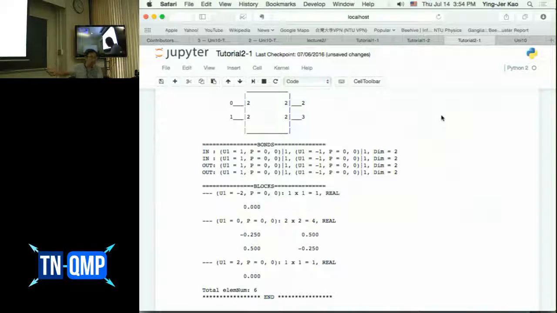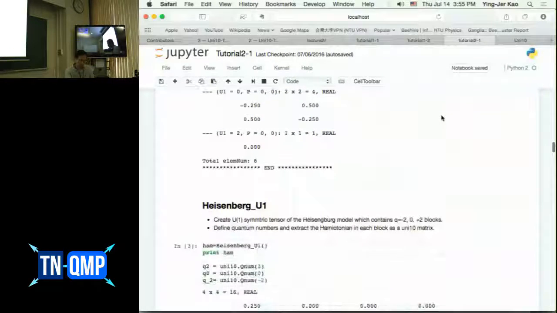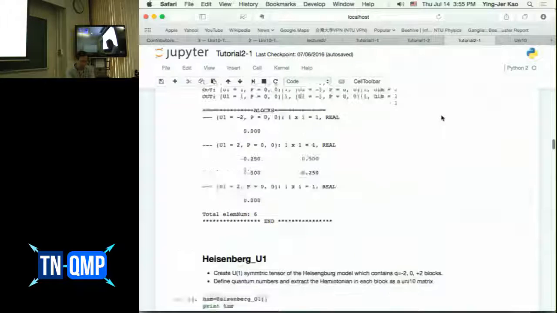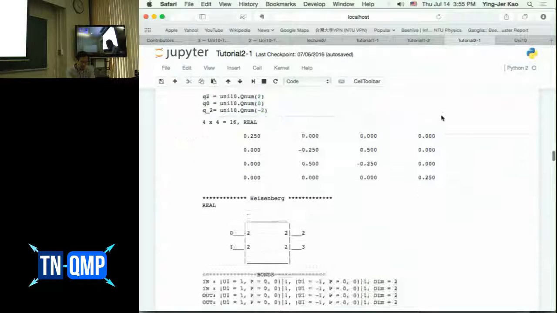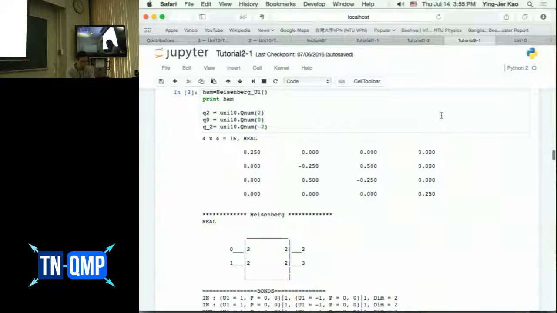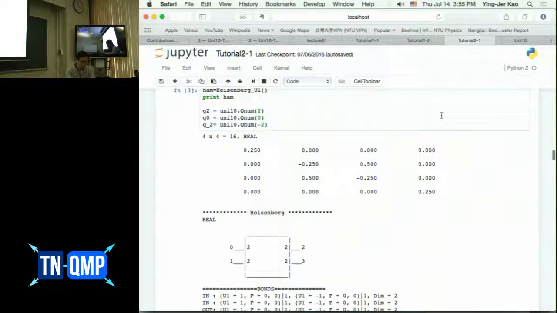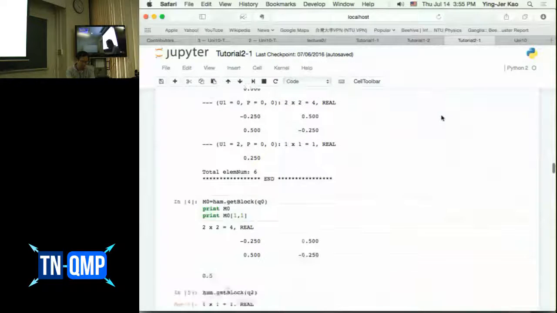I have a block which is 0, 0, then a spin 0 block, a spin 2 block, and a spin 1 block. So this is my U1 Hamiltonian.